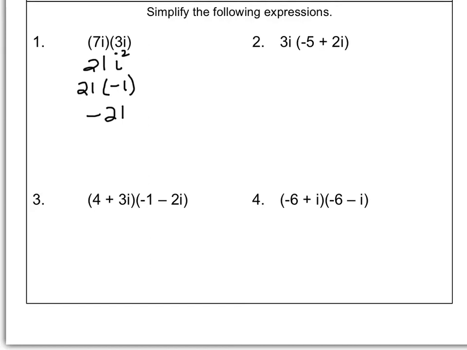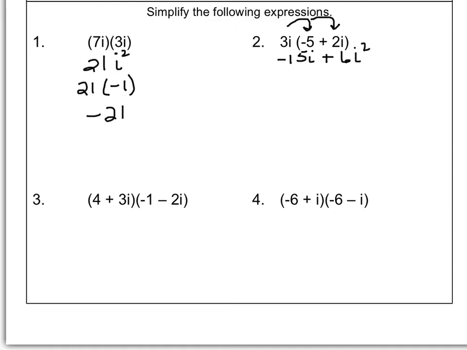Now, number two is a monomial times a binomial. Here we're going to use the distributive property. So I'm going to distribute this 3i times -5 and 3i times 2i. So 3i times -5 is -15i, plus 3i times 2i: 3 times 2 is 6, and i times i is i squared.